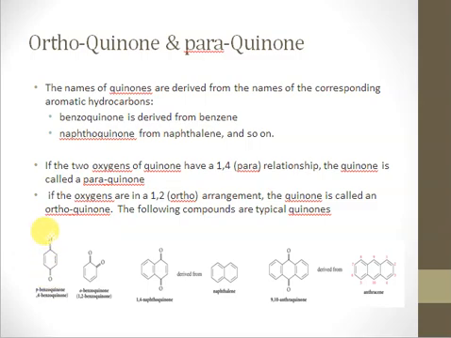One of these oxygens is attached to carbon number 1, and the second oxygen is attached to carbon number 1, 2, 3, 4, right? Since these two oxygens have a 1,4 or para relationship, these benzoquinones are known as 1,4-benzoquinone or simply para-benzoquinone, right?